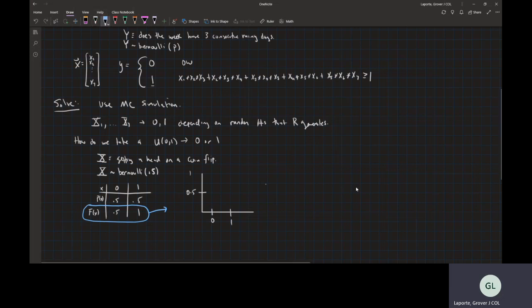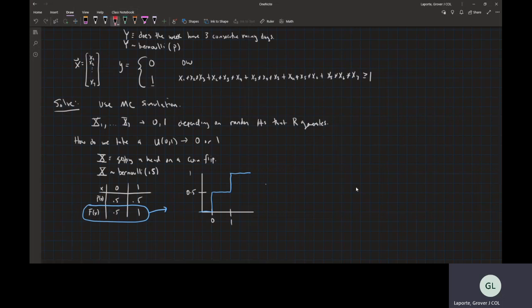If I were going to graph the CDF, it would look like this little step function. Before 0, it's going to be at 0, and then when it gets to 0, it's going to shoot up to 0.5. Then it's going to stay at 0.5 until we get to 1, and it's going to shoot up to 1, and it's going to stay at 1 for the rest of eternity.